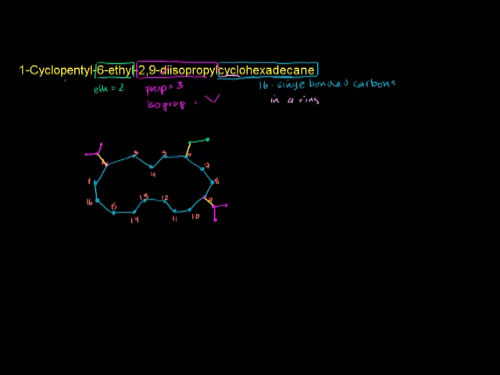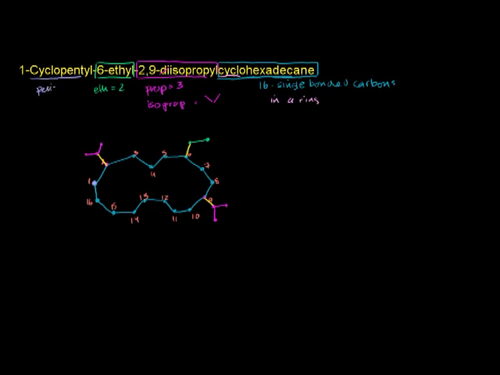And then finally, we have a cyclopentyl. Cyclopentyl. Pent is 5, but it's 5 in a cycle. So there's a 5-carbon ring that's branching off of the main ring, and it's at the first spot. So let me draw a 5-carbon ring.